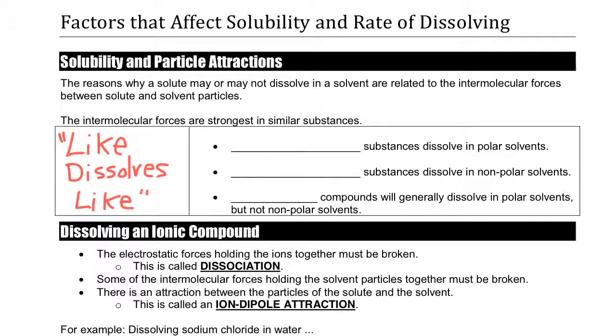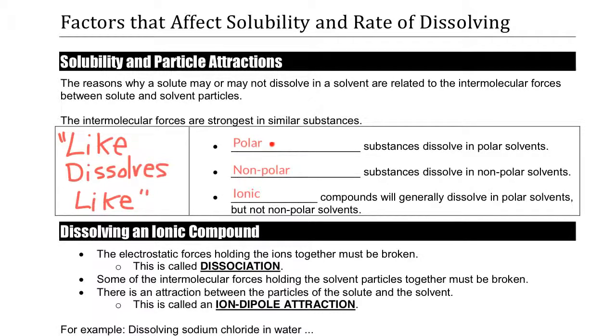What I mean by that is whether a molecule is polar or nonpolar. A polar substance will dissolve in a polar solvent. A nonpolar substance will dissolve in a nonpolar solvent. Like dissolves like.